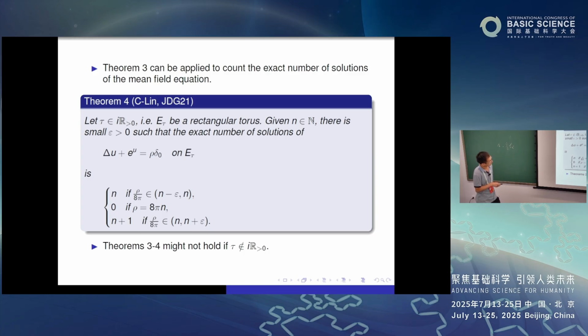When rho is a little smaller than 8 pi n, the solution number is n. Equal to 8 pi n, it is 0, and slightly bigger than 8 pi n, then the solution number is n plus 1. But if the torus is not rectangular, then this result should be false.